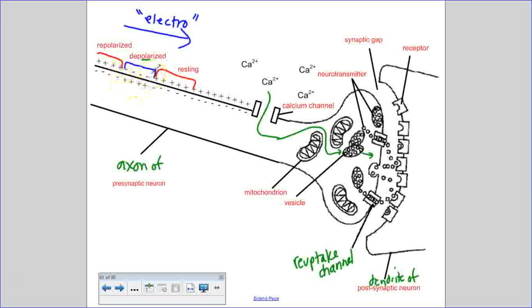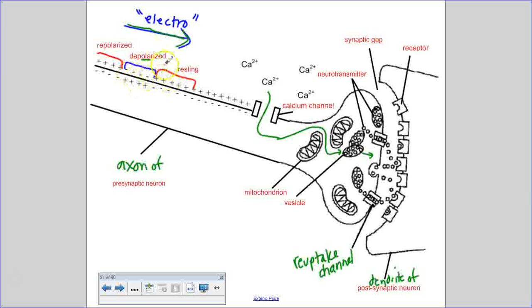Okay, so ahead of it, we know that the message traveling down the neuron always goes from the dendrite end towards the axon terminal. So it will go in this direction, as indicated by the arrow. So that's the electro part of the message, the electric part.